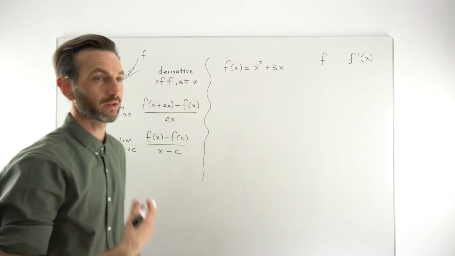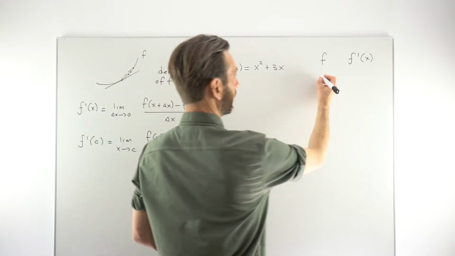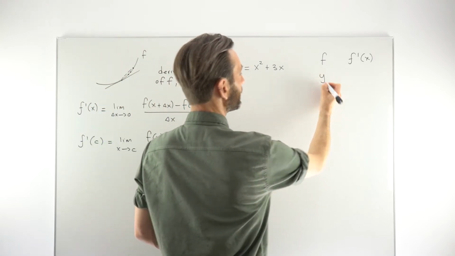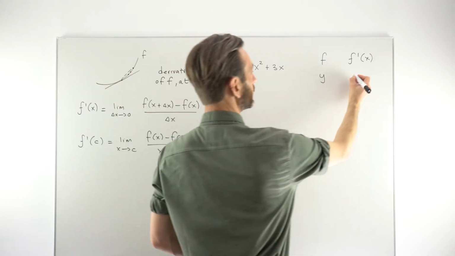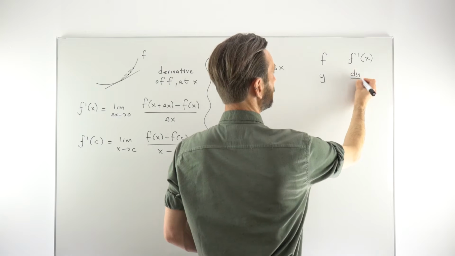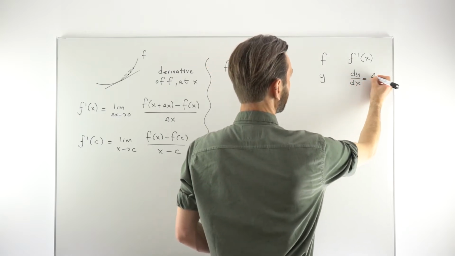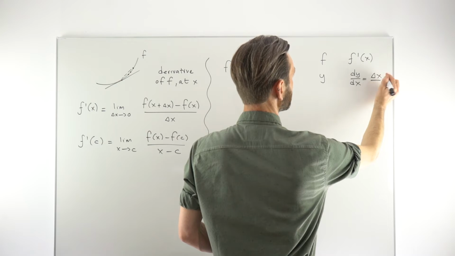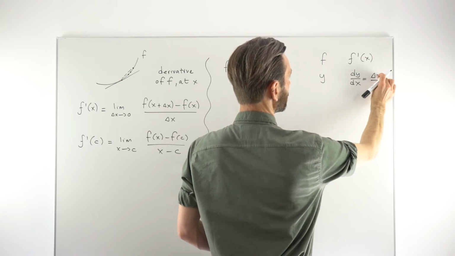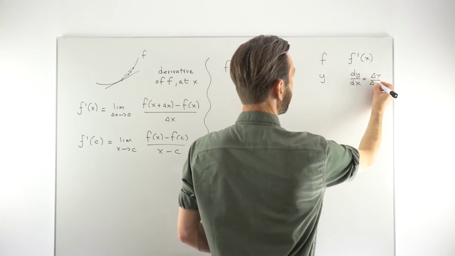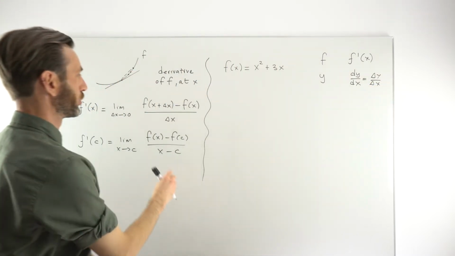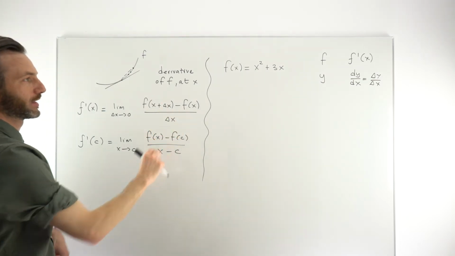If the function is given as y, then the derivative is notated dy/dx. And the d is basically the delta, so it's delta y over delta x, which just fits in with these definitions here.